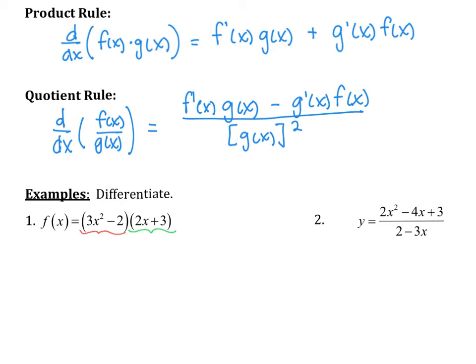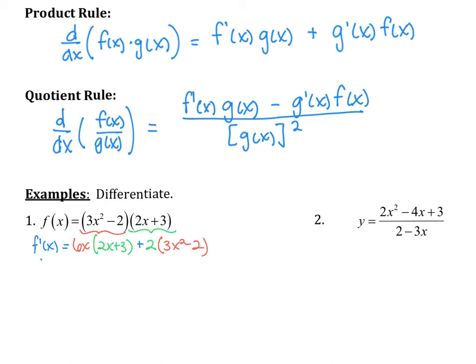So when I go to take the derivative of this whole function, f prime of x, it's going to be equal to the derivative of the first part, which is just 6x, times the second function, 2x plus 3, plus the derivative of the second part, which is just 2, times the first. So this is what the product rule would look like.